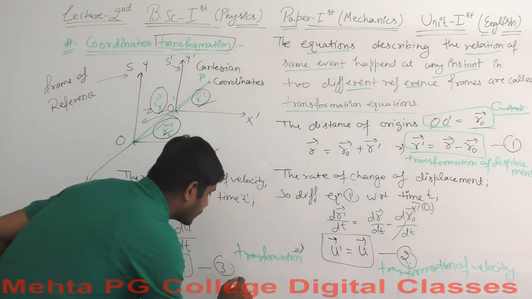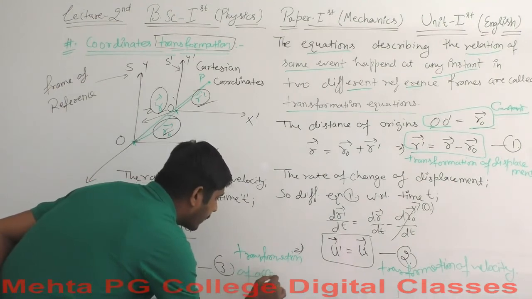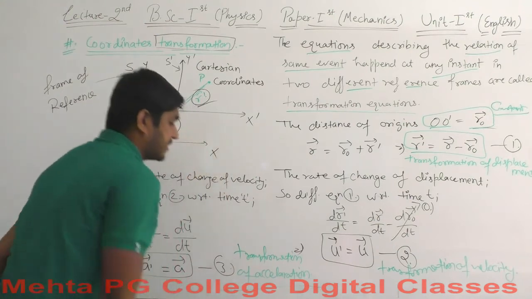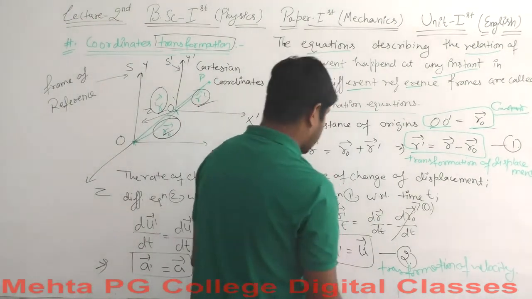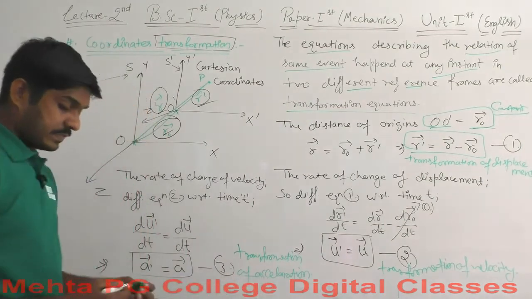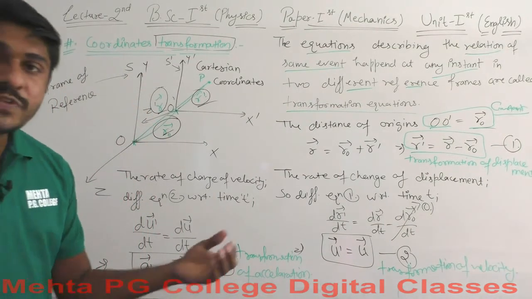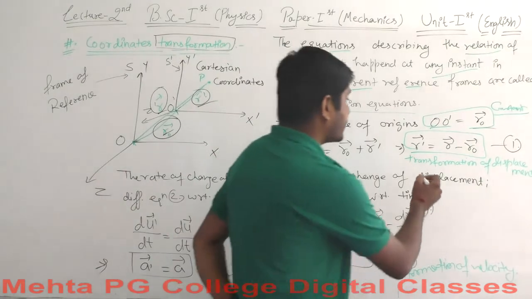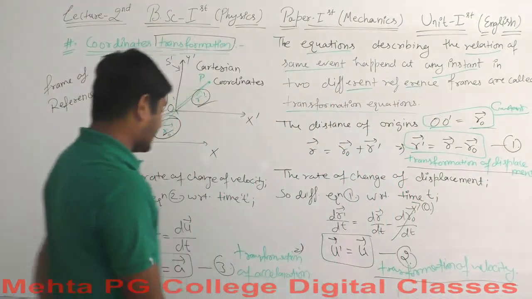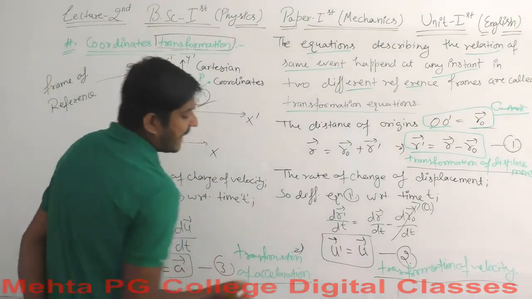This is the transformation of acceleration. Well, we have found the transformation equations properly. Now what do we have? We have the transformation of displacement, the transformation of velocity, and the transformation of acceleration.